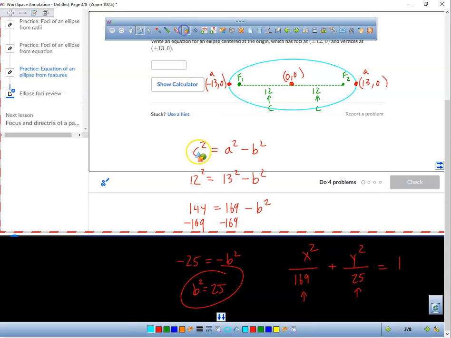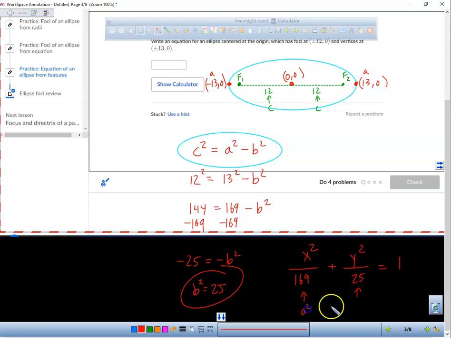So what do you guys need to know how to use? Use that formula right there. Okay? Use that formula that gives you your a squared and your b squared. There's my a squared. There's my b squared. Now I'm going to carefully type this in. You'll see that I got it right. One second. Type that in real quick.